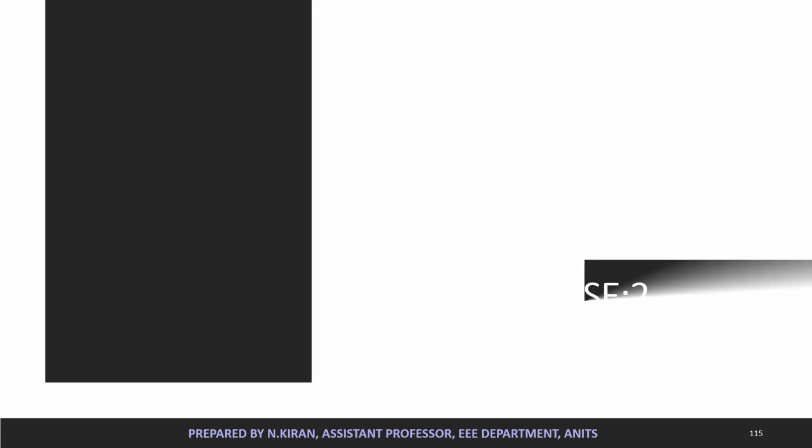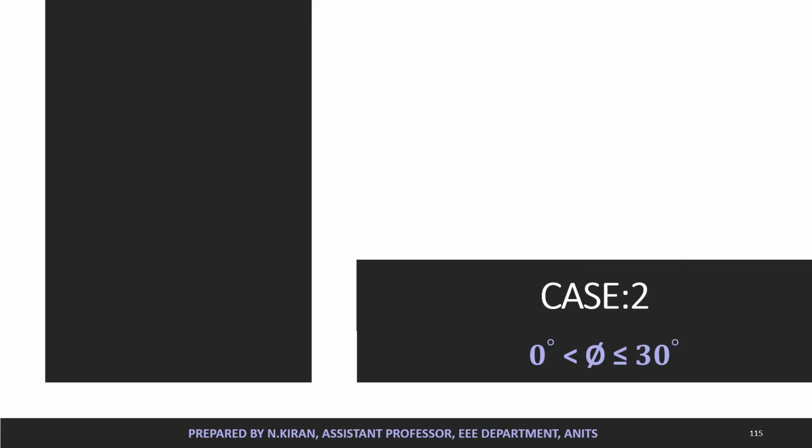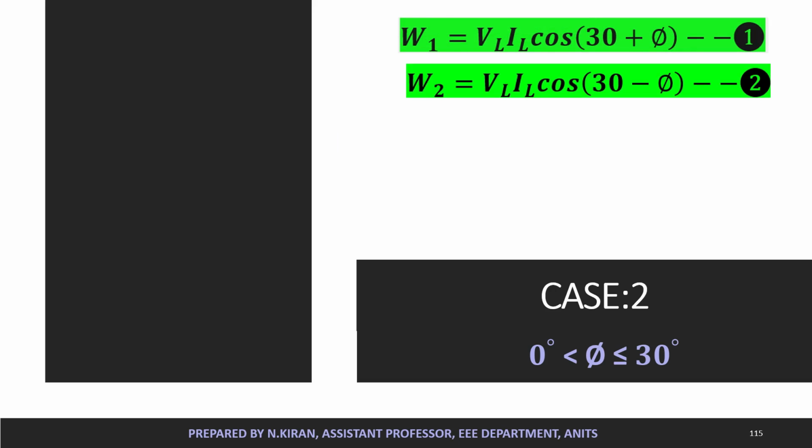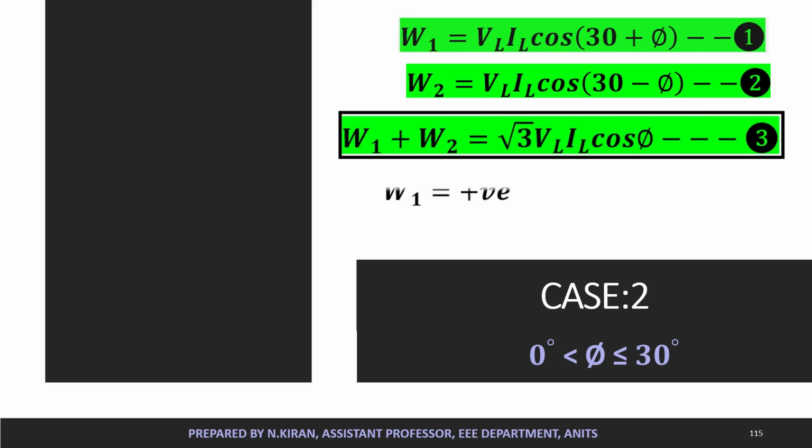Second case, if I consider the angle to be in between 0 and 30 degrees, the wattmeter readings W1 and W2 both will be positive, and the addition of these two wattmeters will also give the positive value.